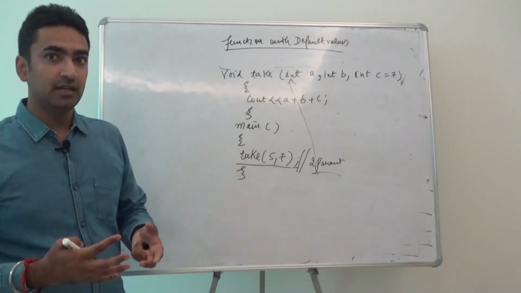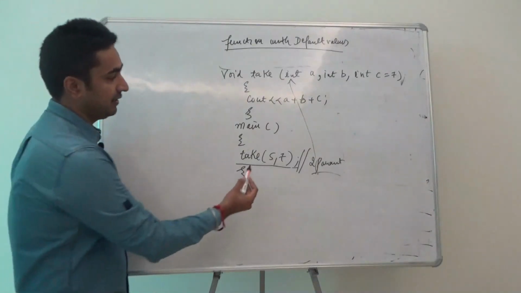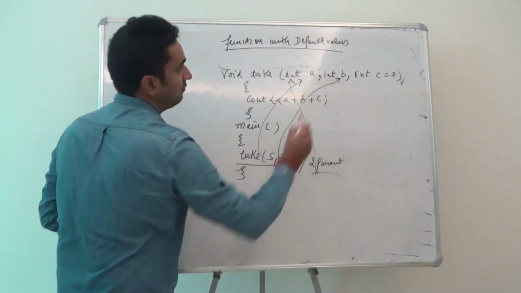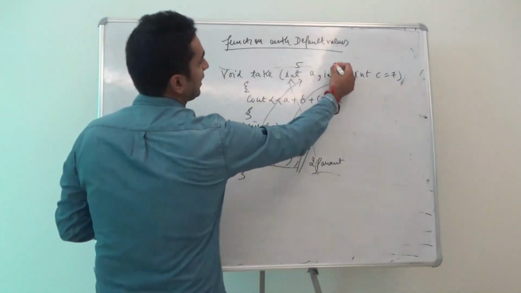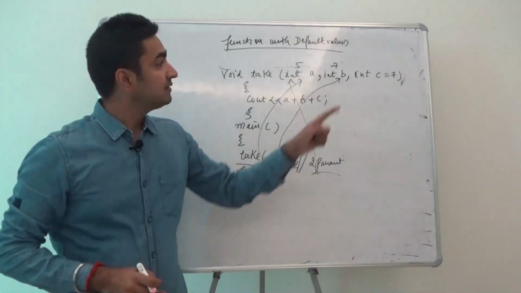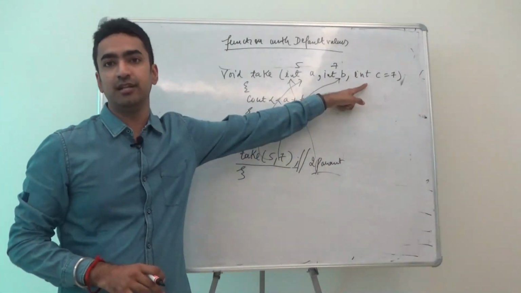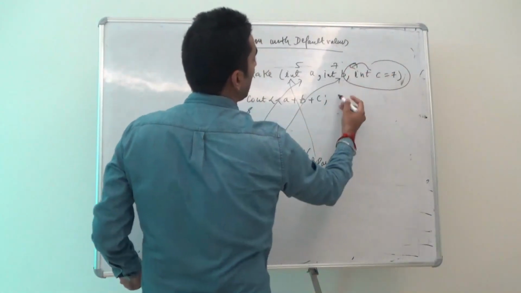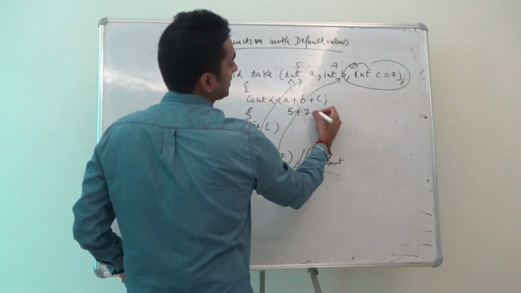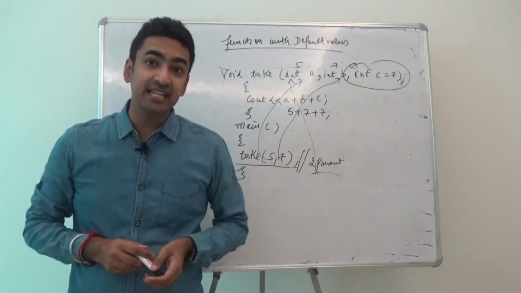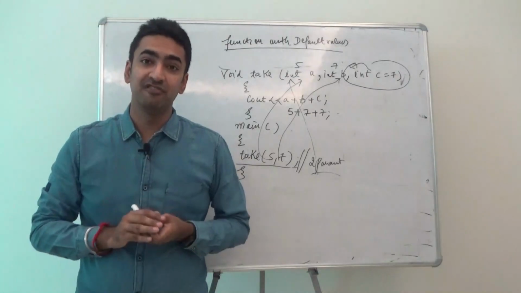There is a particular thing we need to understand: 5 goes to a, 7 goes to b. So 5 and 7 are obtained by a and b respectively. There is a third parameter 7 over here. That value will also be taken into account, and I will have the answer as 5 plus 7 plus 7, and it will display 19 in place of 12.